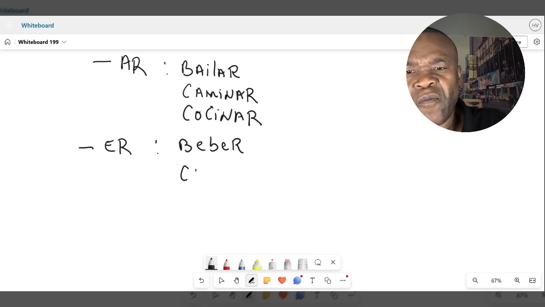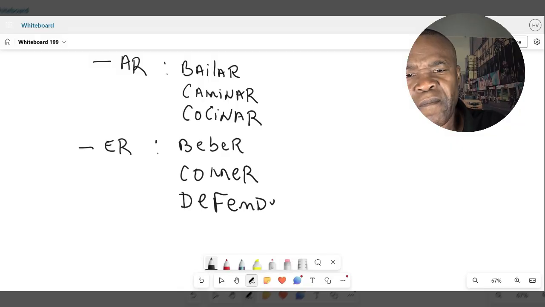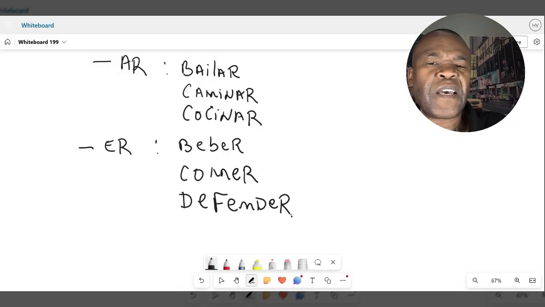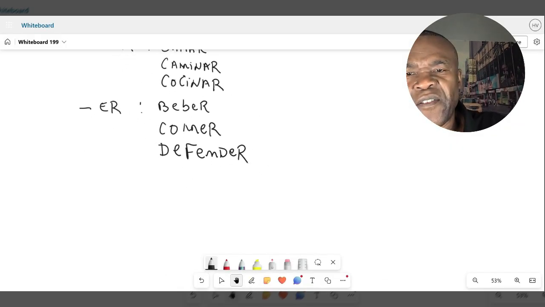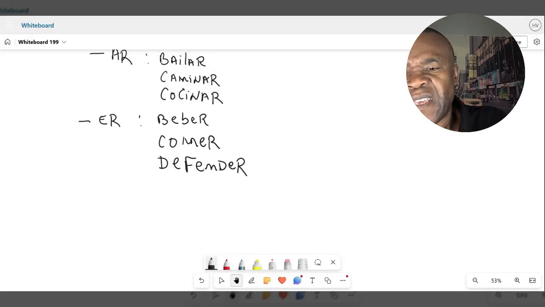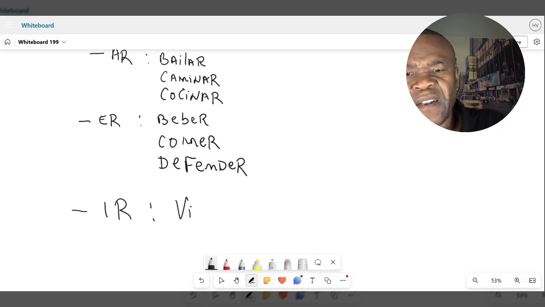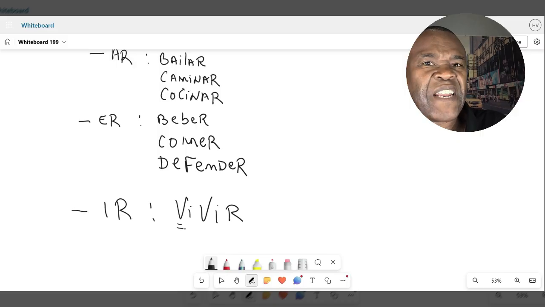Beber, comer, defender, and then the third family is those that end in IR. You have bibir. The V is pronounced like B, bibir.